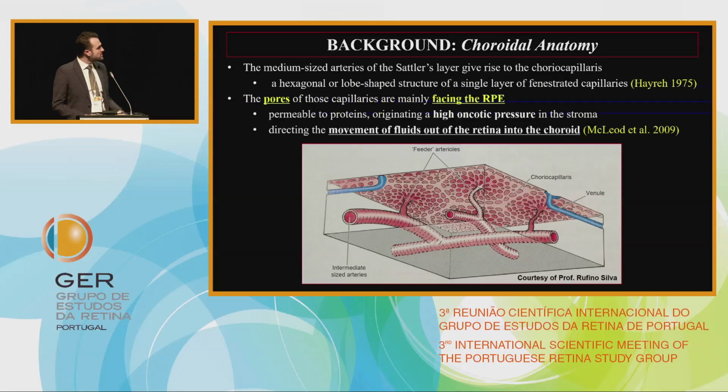This organization is mostly due to the importance of being permeable to proteins, and on this side, generating a high oncotic pressure in this area, in between the choriocapillaris and the Bruch's membrane, keeps dry the subretinal space because of generating the movement of fluid out of the retina into the choroid.